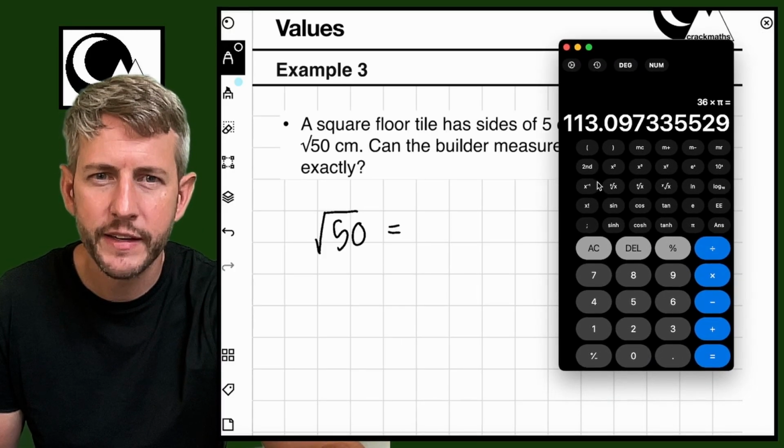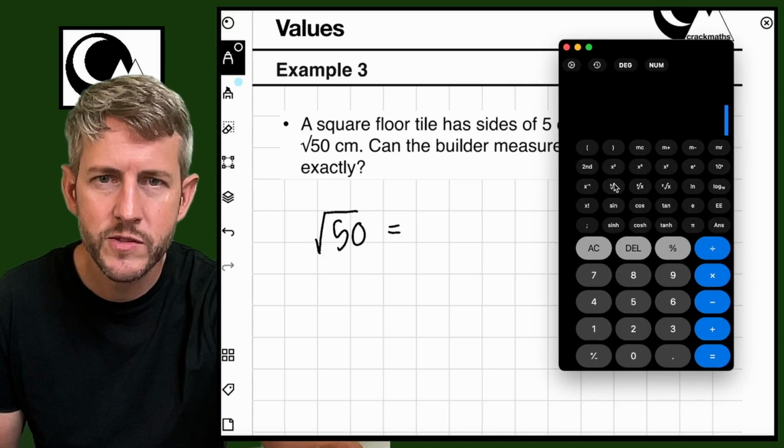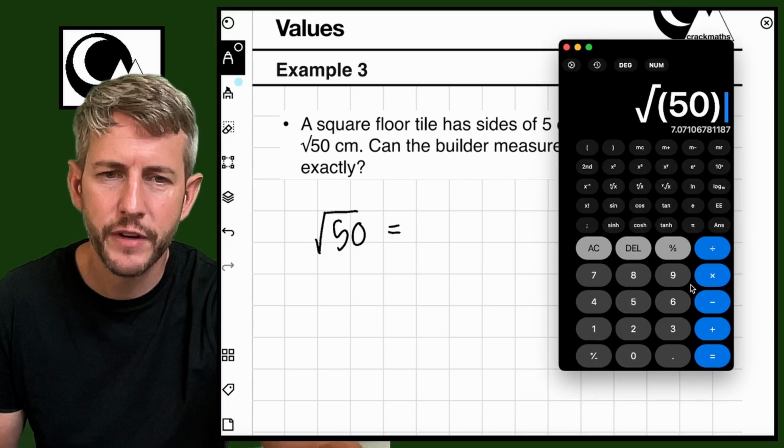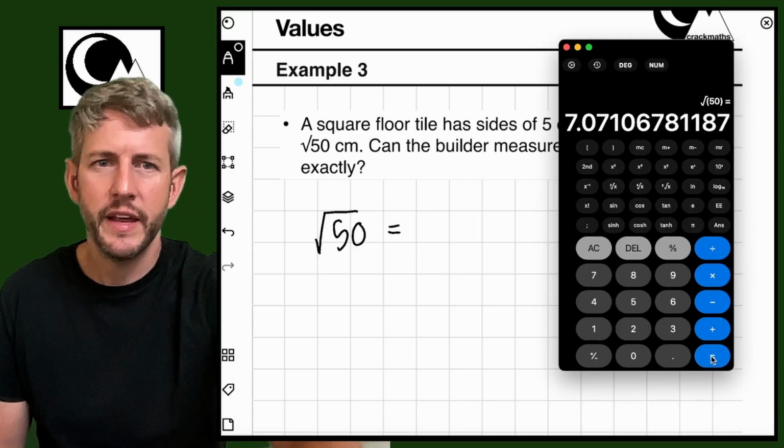So let's find out. Clear this, square root 50, but let's just confirm it. And here we go.